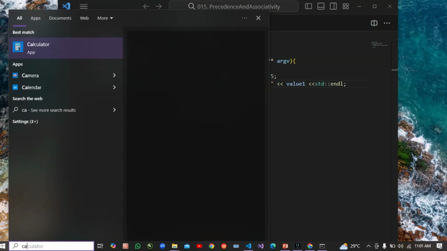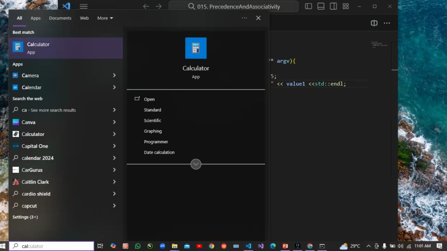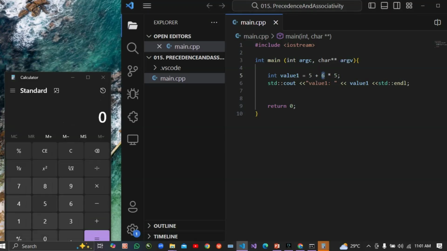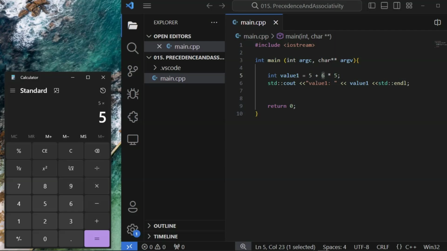So let's just use our calculator to get some simple stuff there. From our code here, we understand that the operators with the higher precedence come first. Now let's say multiplication will come first. That means 6 times 5 will come first before 5 plus 6. So let's just do that now. 6 times 5 will be 30.